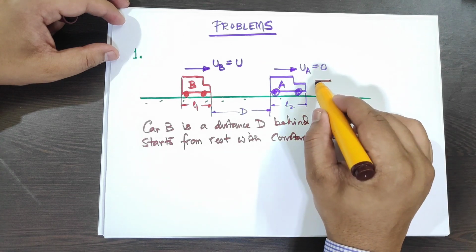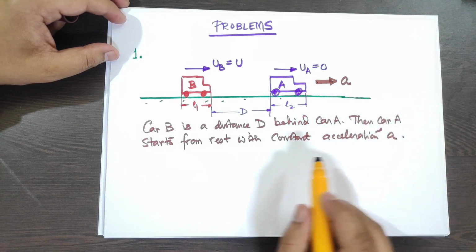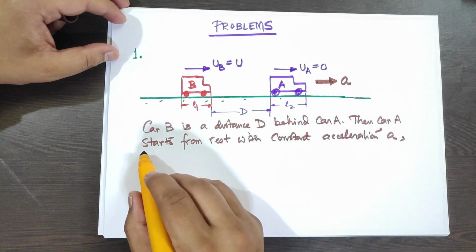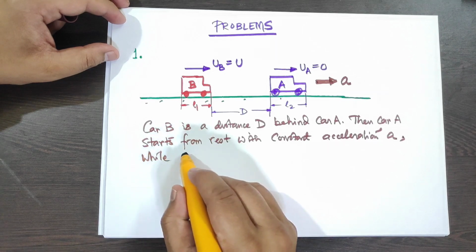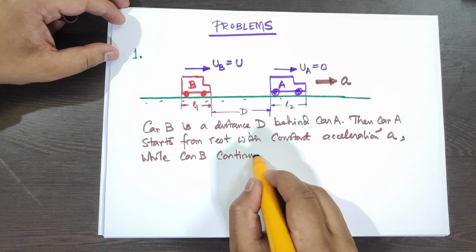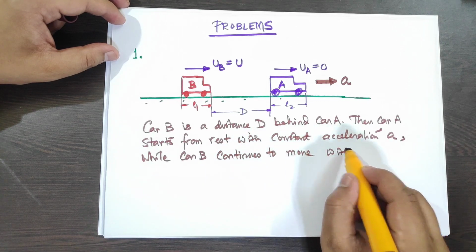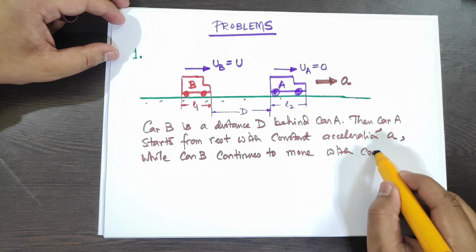constant acceleration of car A is equal to small a, right? While car B continues to move with constant velocity u.